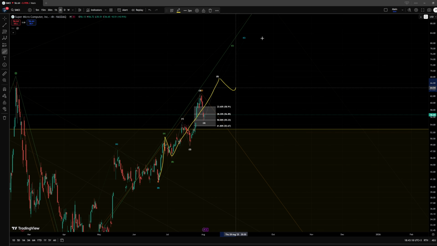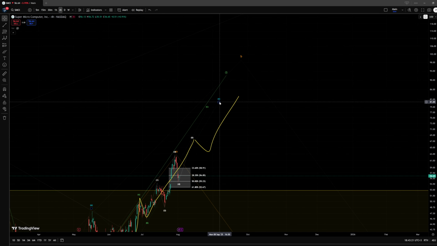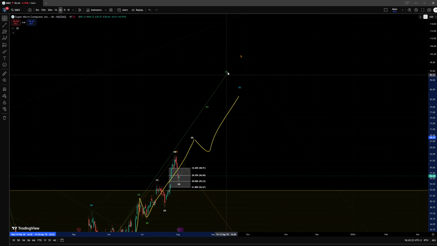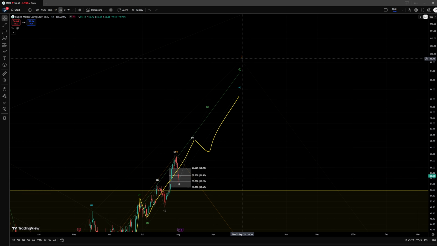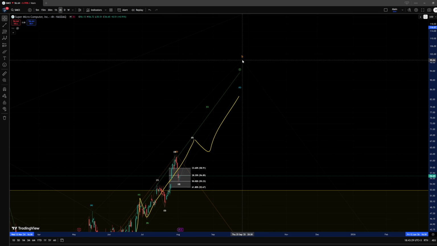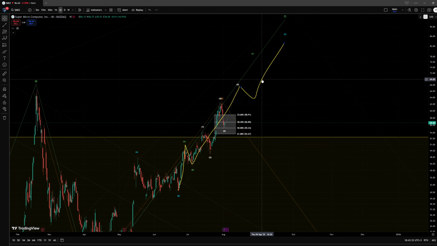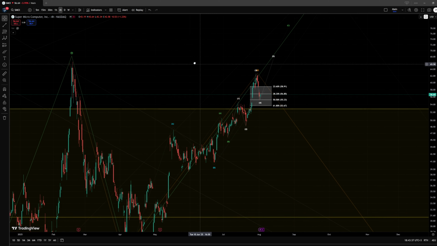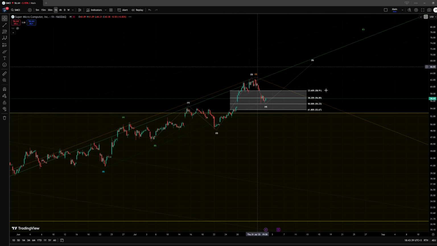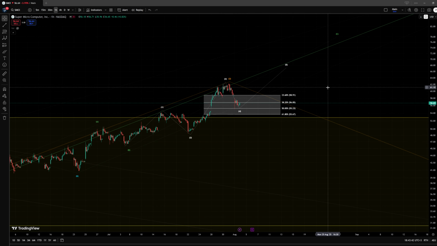And then we would get another 4-5 to actually complete the C wave in blue. But this overall would only complete the Y wave in green and possibly, or more likely, probably a B wave top here. I don't expect necessarily direct continuation to new all-time highs from this region, but at the moment you have the support zone. These are the levels, this is the trade setup.